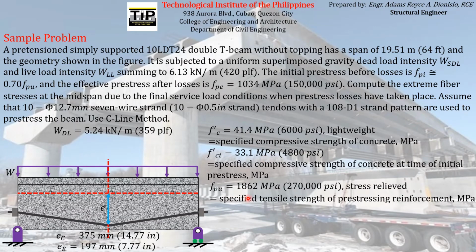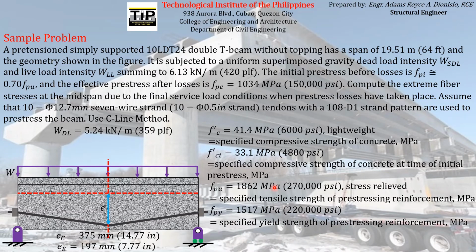And then the ultimate strength of the pre-stressing reinforcements is 1862 megapascal, and its yield strength is 1,517 megapascal. Also given with the problem, since the problem uses diameter 12.7 mm 7-wire strand, it actually has 99 mm squared of nominal cross-sectional area.